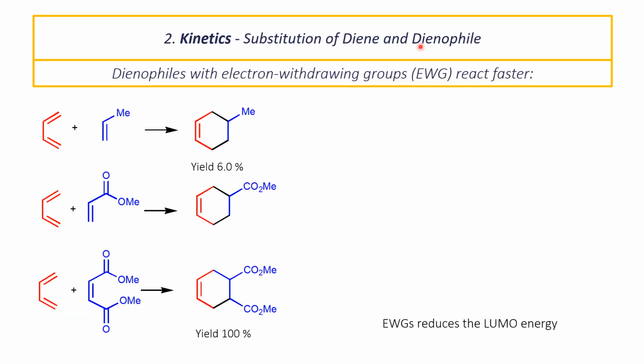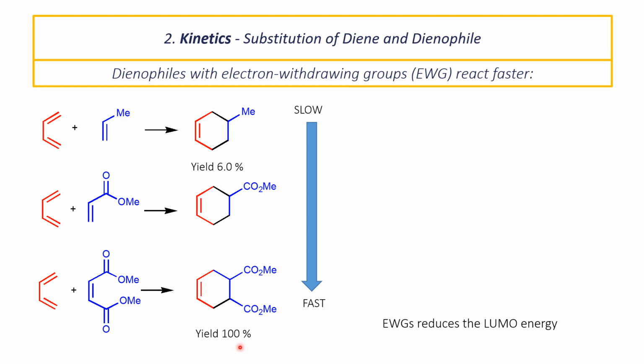The substituents on the diene and dienophile are terribly important. Dienophiles with electron withdrawing groups react faster and more efficiently. So herein you can see that the species with the two carbonyls attached to the dienophile is very rapid, and we get stoichiometric yield.